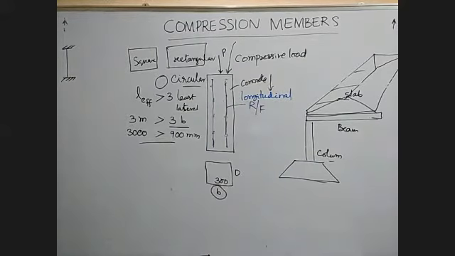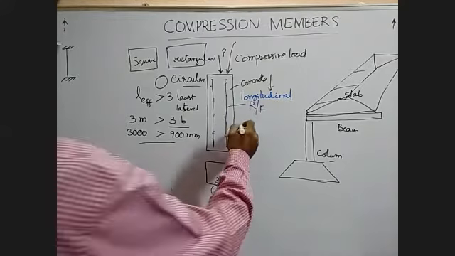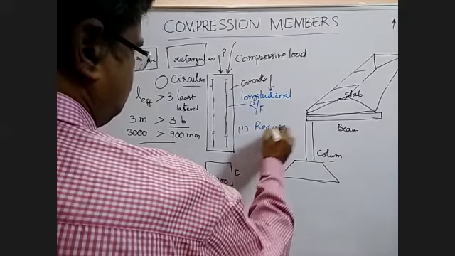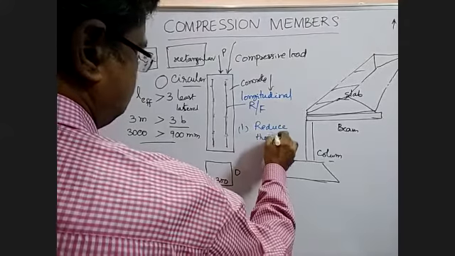When concrete is taking the compressive forces, then what is the necessity of providing the vertical steel bars? Mainly, the first one is to reduce the size of the column.